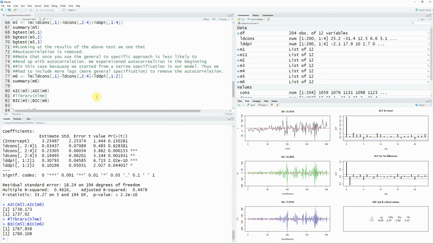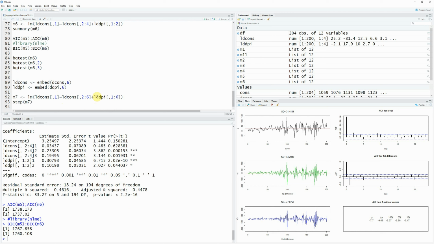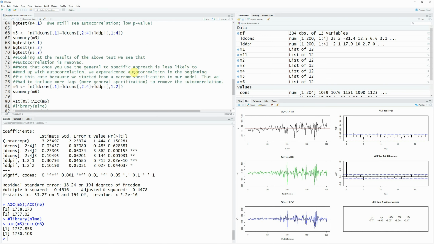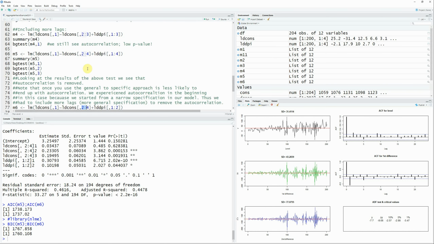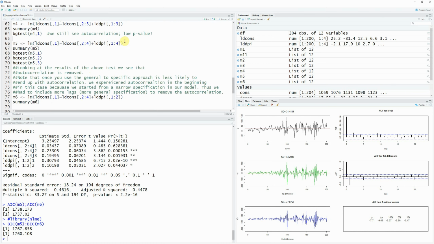This was just an example of what we're dealing with when we face a case of autocorrelation. However, if we had started from a general to specific approach, we would have started with something like a maximum number of lags equal to 4, maybe 2 to 4, and then 1 to 4.